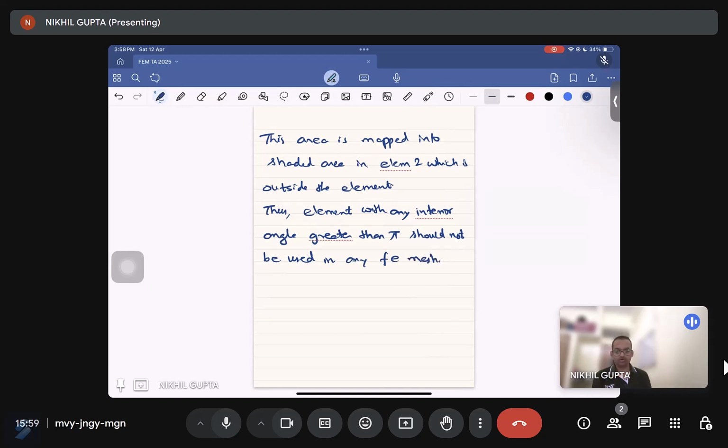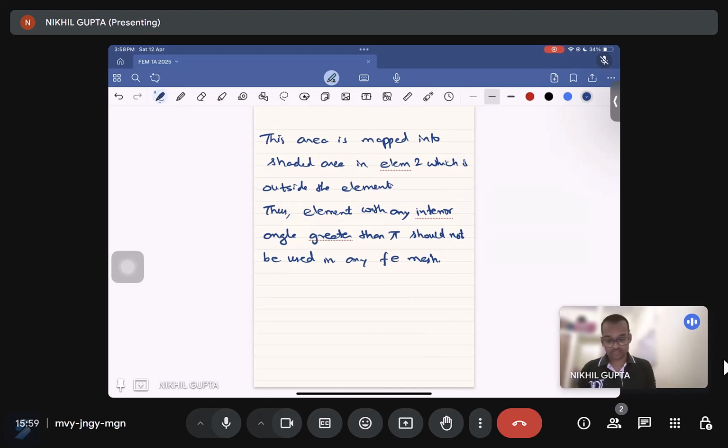So now you got the answer why we should not use the non-convex element during the FE mesh.